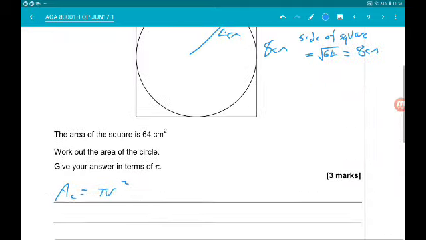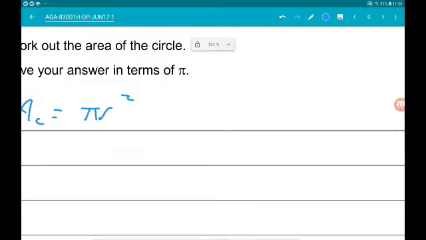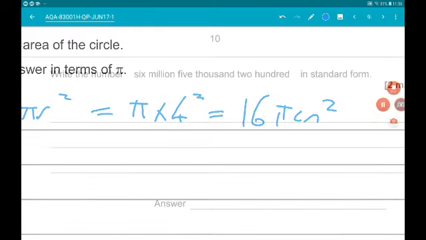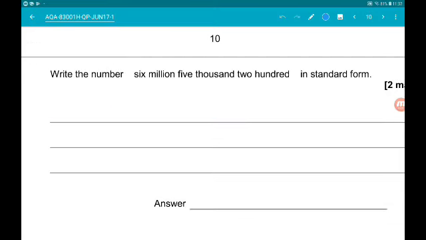So the area of the circle is pi times 4 squared, which is 16 pi centimetres squared. Cool.